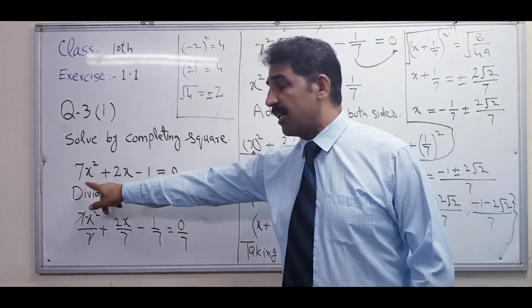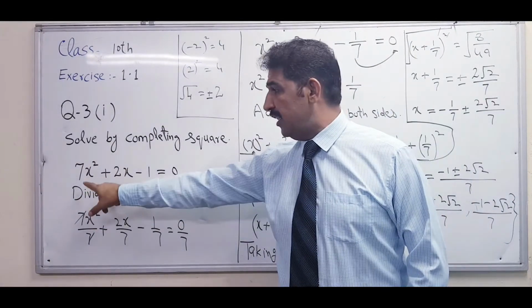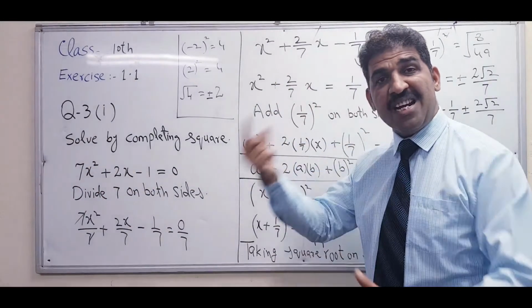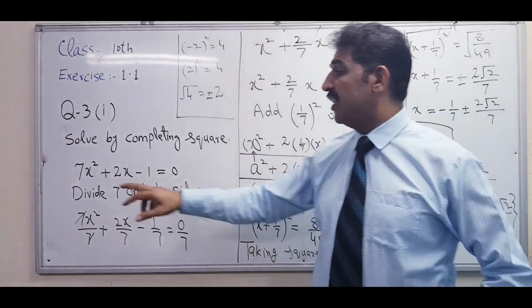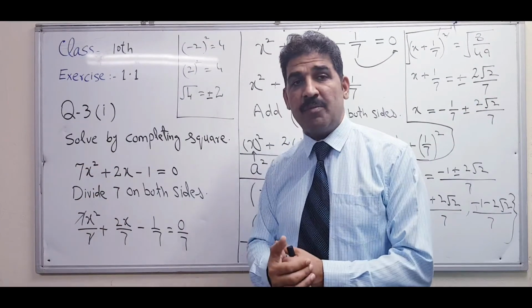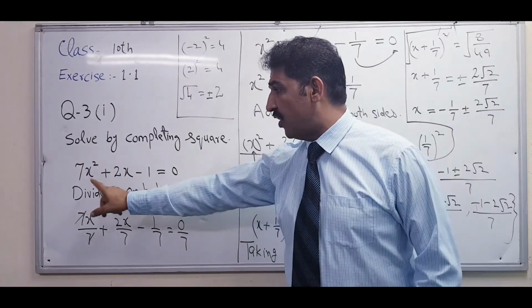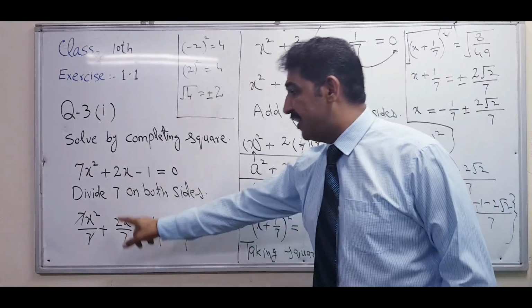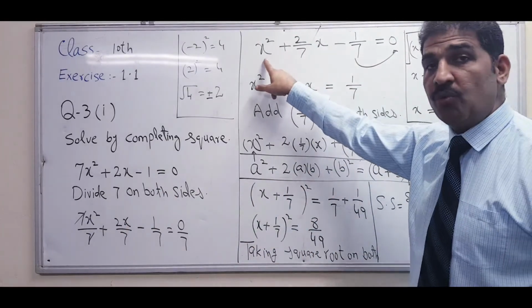Whichever number is given to you, divide by it. If here is 7, and one more thing, if there is a fraction, then take its reciprocal. If there is a fraction like 7 over 9, then you have to multiply by 9 over 7. It also means division. So divide the whole equation on both sides by that number, then make the coefficient of x square equal to 1.